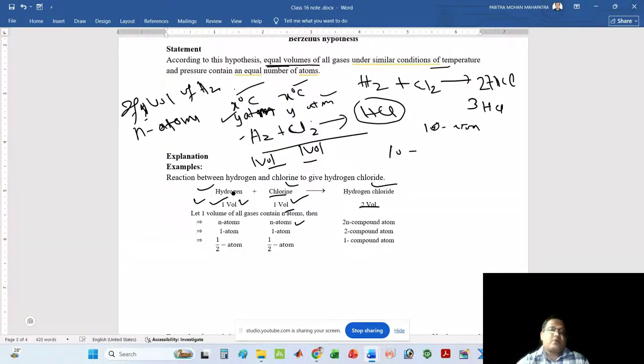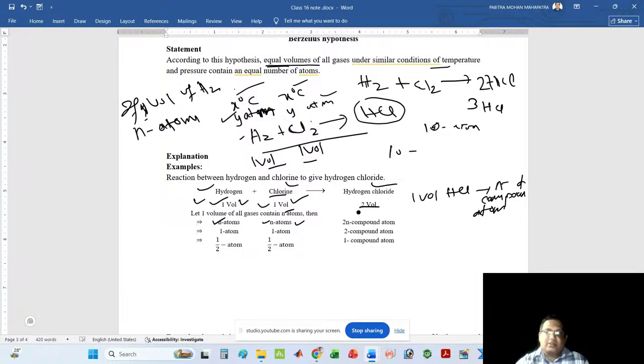If one volume of hydrogen carries n atoms, then obviously as per the Berzelius concept, one volume of chlorine also carries n atoms of chlorine. Similarly, for hydrogen chloride, one volume of hydrogen chloride must carry n compound atoms. This is your n compound atom. Clear?